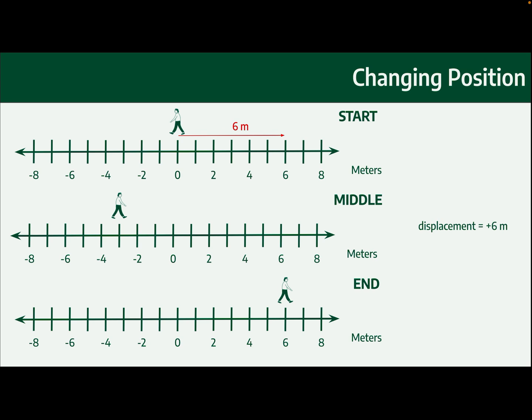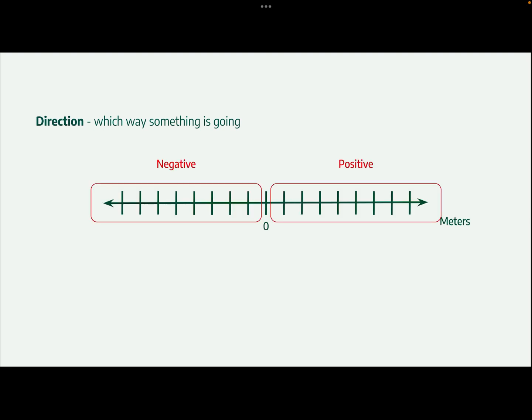This whole idea of distance and displacement brings into account another term, this idea of directionality, or which way something is going. So remember that I have my line here with negative positions and positive positions. It's important to be able to identify not only where an object starts, positively or negatively, but also which way it's going.